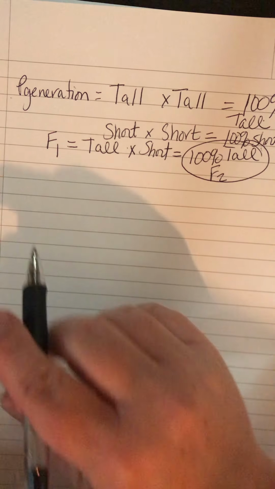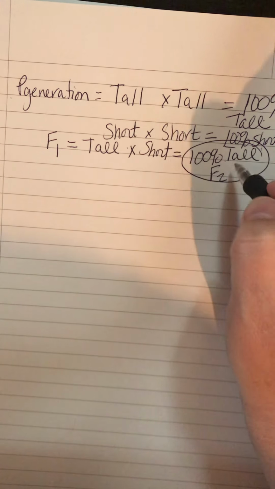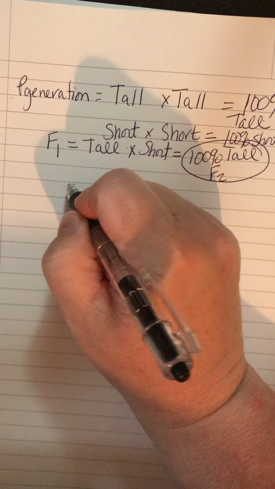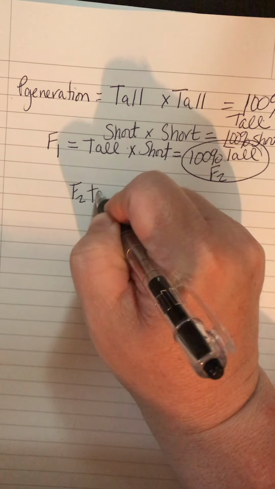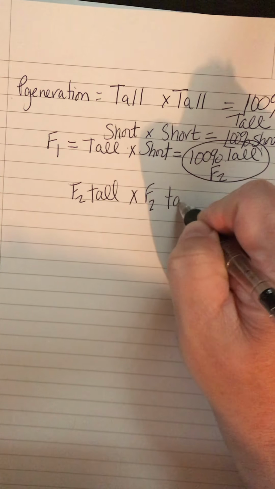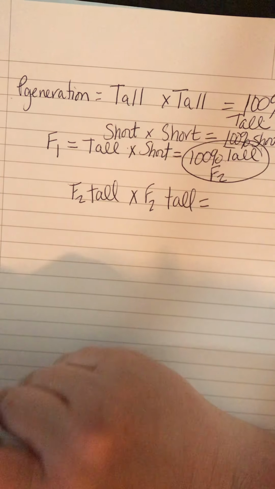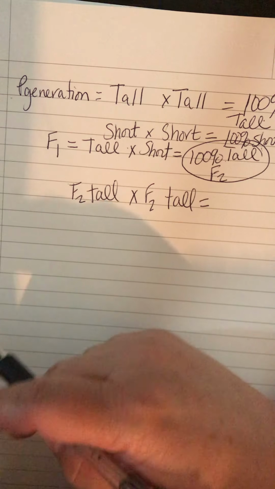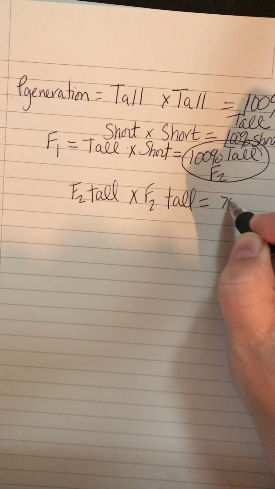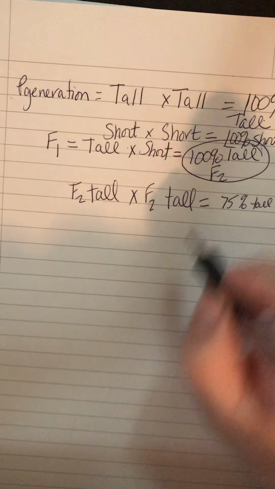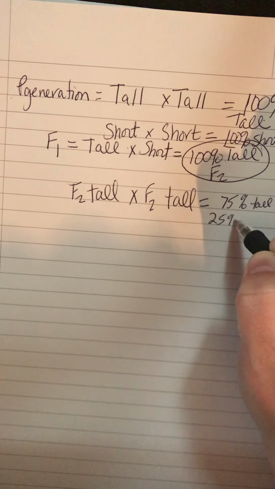Anyway, so he took these talls. So he took the F2 tall, multiplied it by another one. And what did he get? 100% tall? No. He actually got 75% tall and 25% short.